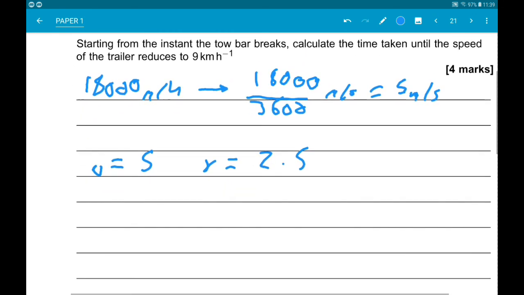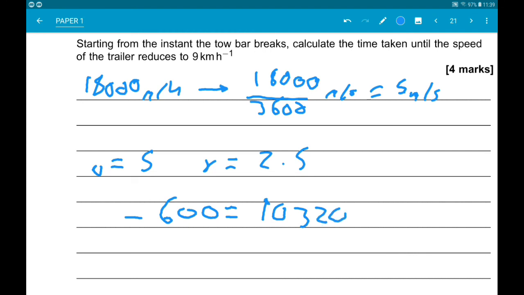So we know minus 600 is equal to the mass, so 10,320 times the acceleration.